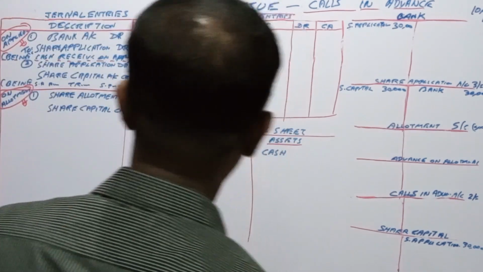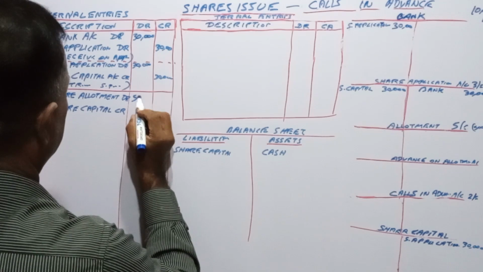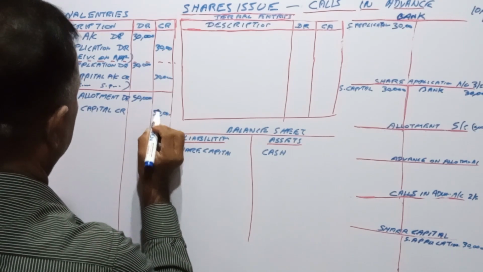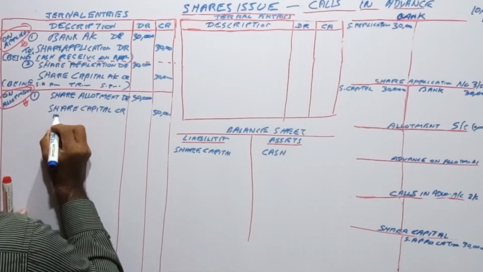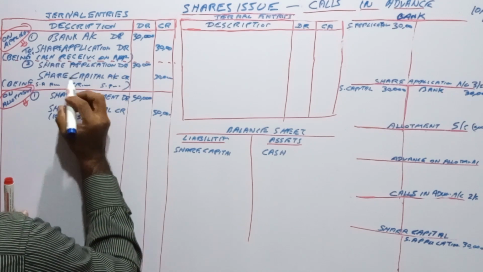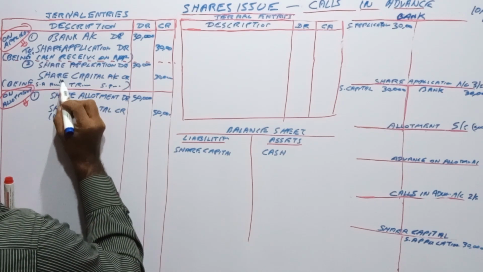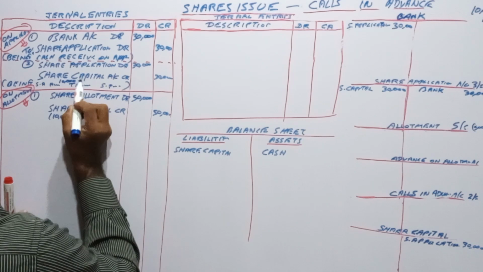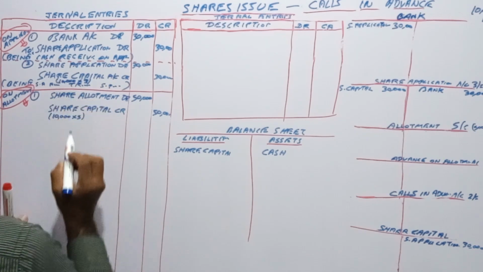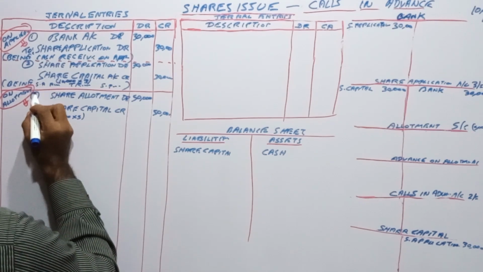How much? 5 into 10,000, 50,000. That is 10,000 shares into 5 rupees. This is number 3.